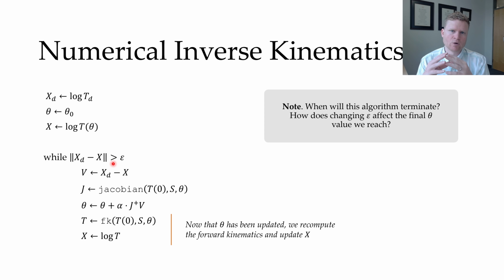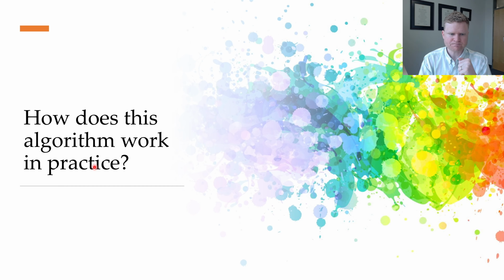Once my robot's proposed transformation matrix T is close enough to the desired transformation matrix, that's when I'll stop this loop and say, all right, I now have a joint position theta that can reach this desired transformation matrix.